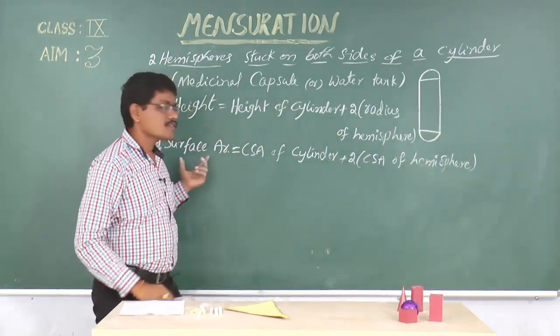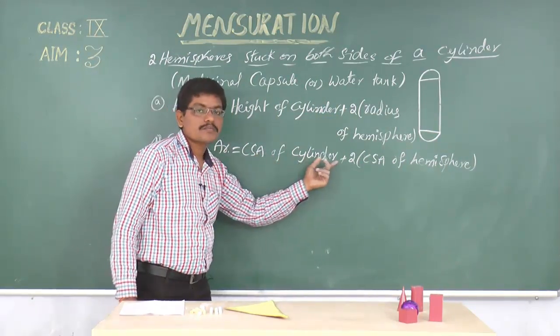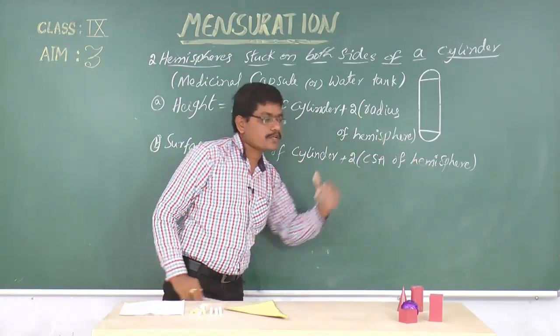Surface area is equal to CSA of cylinder plus 2 into CSA of hemisphere.